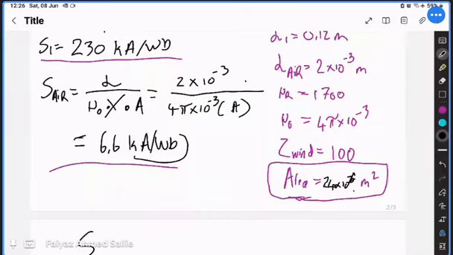Just double check. Reluctance. Okay, yeah, makes sense.